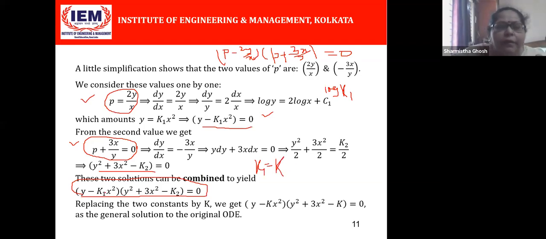In place of k1, I write k, y minus kx square, so k is an arbitrary constant. And k2 I put again as k, so k2 is no longer arbitrary. You don't need to put your head so much on that. Simply, in the final solution, make one symbol for all the constants. So I have put here y minus kx square plus y square plus 3x square minus k equal to 0.